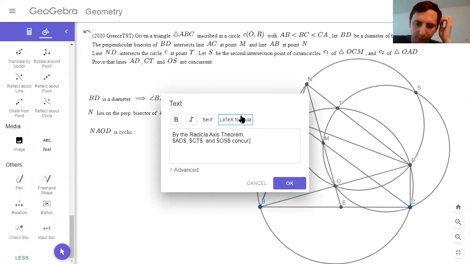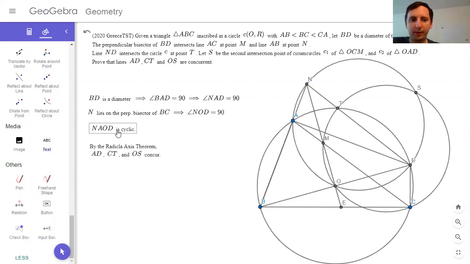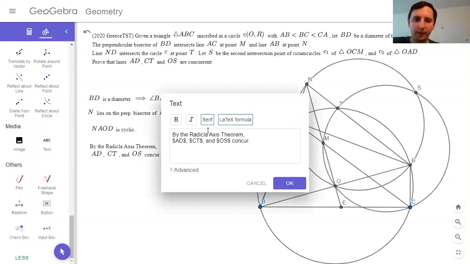But to be fair, GeoGebra made it slightly easier because I could just see right away that NAOD was cyclic, but I think I still would have seen it pretty quickly even without GeoGebra.